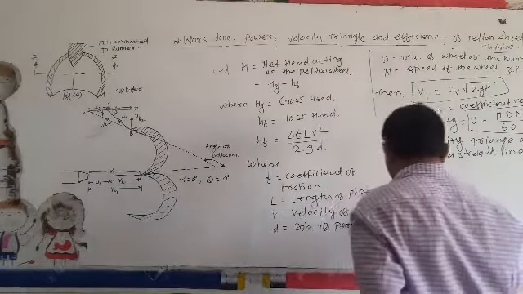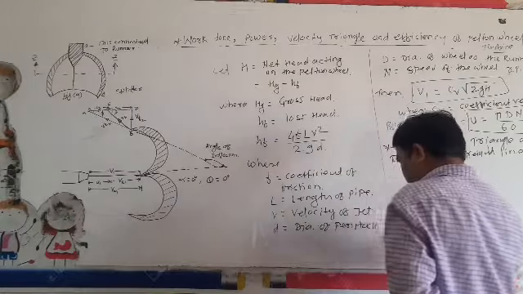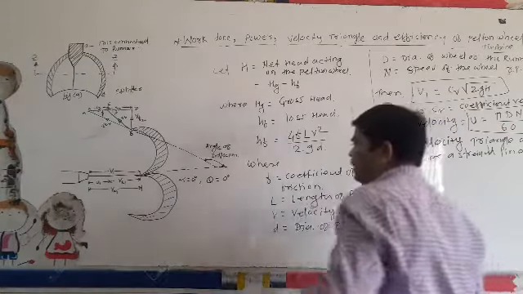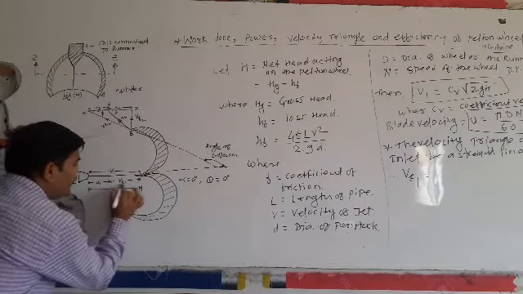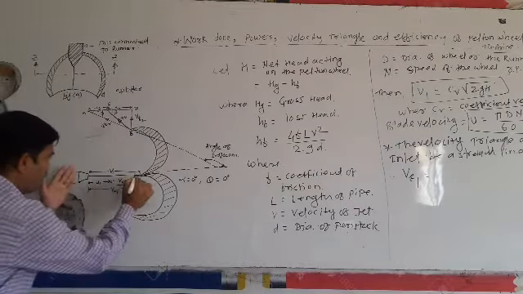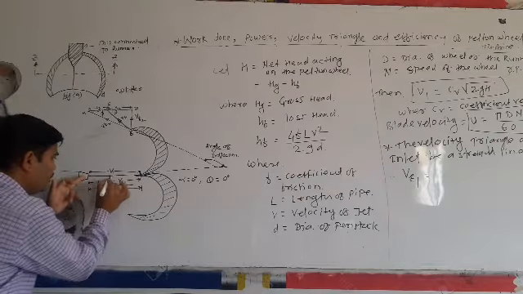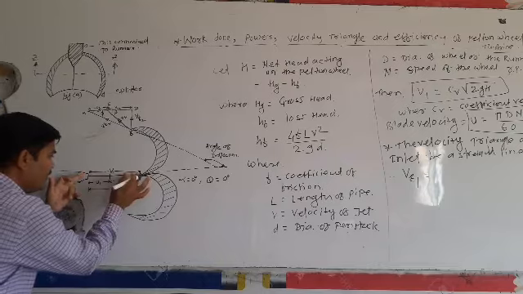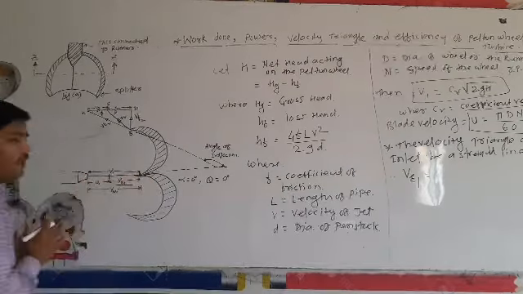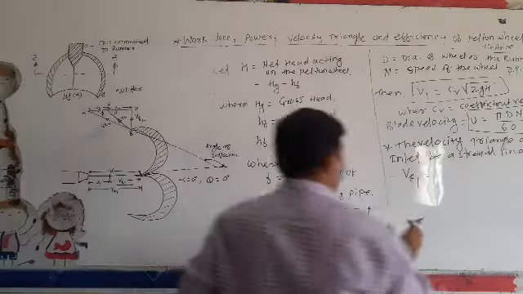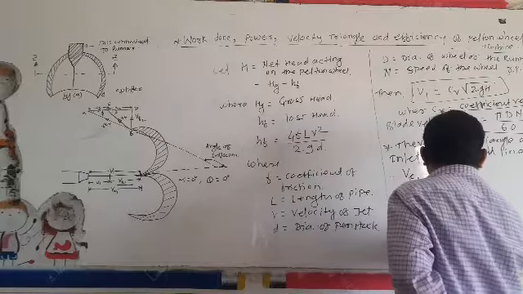Therefore, we have to know the relative velocity, that is VR1. Suppose this is the total V1, and we have to subtract U1 from this length to get the velocity VR1, that is the relative velocity. Therefore, relative velocity is equal to V1 minus U1.